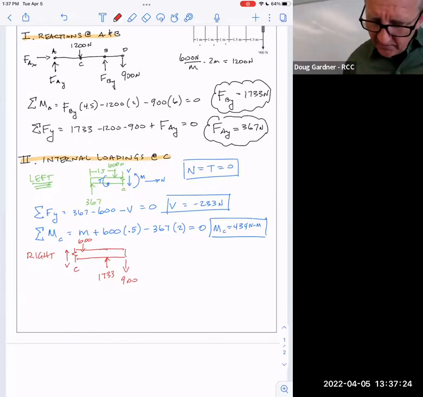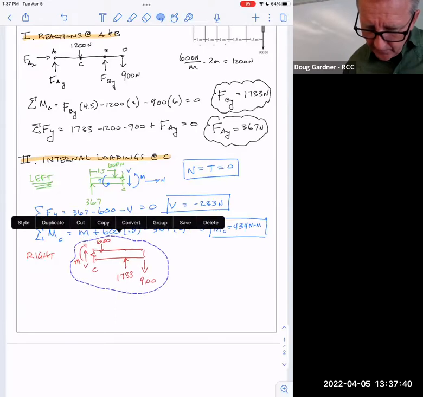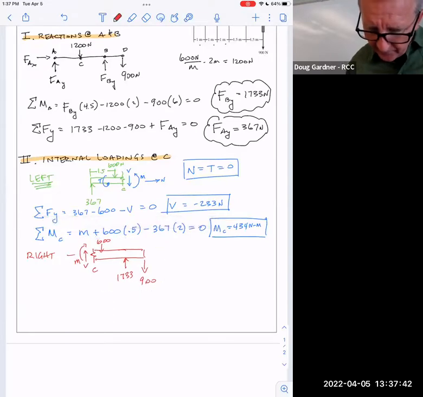And then the moment, instead of rotating in the counterclockwise direction, is actually rotating in the clockwise direction. And the normal goes to the left instead of to the right. And torsion is still torsion, but I'll go ahead and draw it in here. We don't really need torsion right now, so we'll get into that a little bit later.